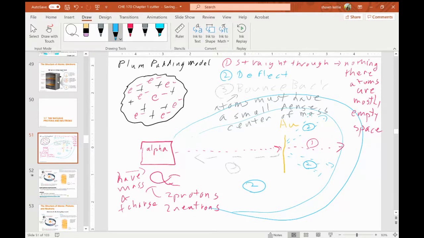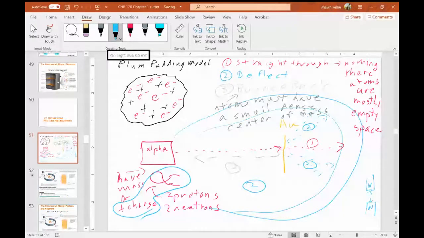In order to understand what happened with the deflected particles, you have to remember these alpha particles had a positive charge. If you've ever played with a magnet, you know that if you bring 2 north ends of a magnet together, they push each other away. There's a resistance. So what Rutherford concluded was that if I'm seeing some things deflected, positively charged alpha particles must be being pushed away by something else with a positive charge.